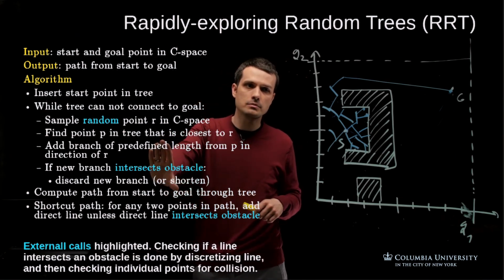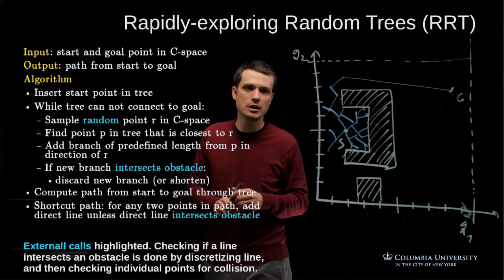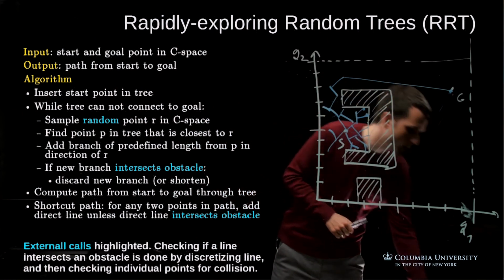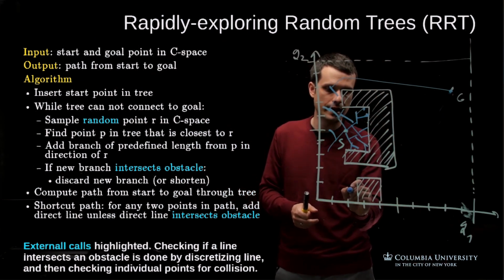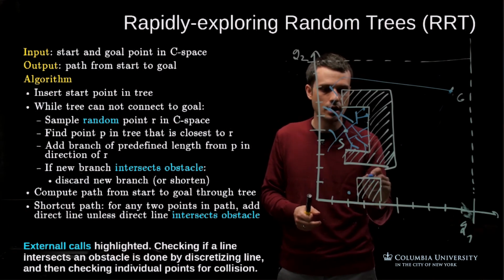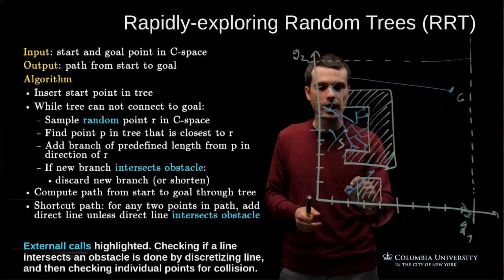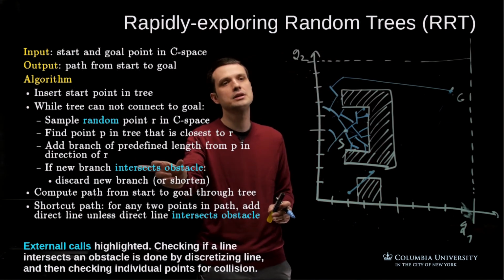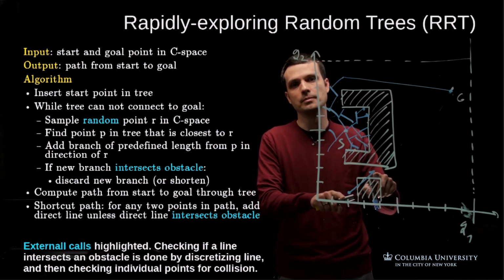The only other external call that you're making here is asking if a new branch that I'm adding to my tree, so let's say I have this point in my tree and I want to add this branch, does this intersect an obstacle or not? This is the only other external call that's being done, asking if a branch intersects an obstacle.